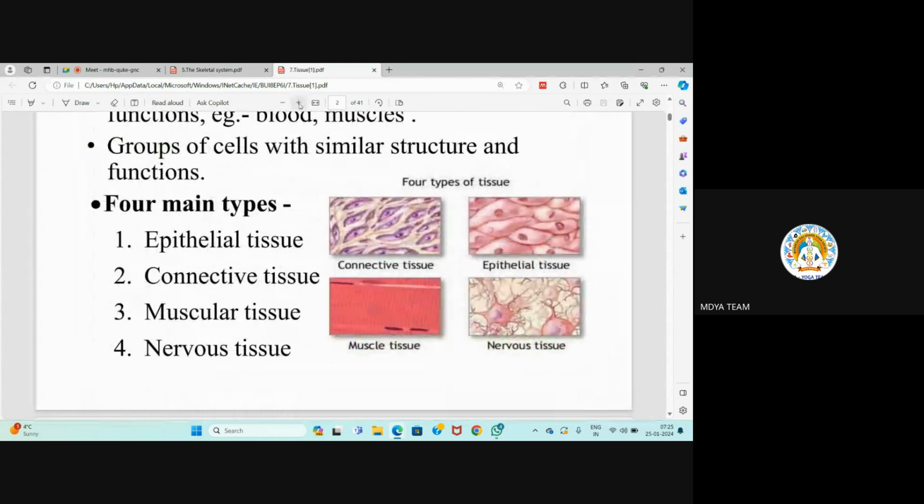In this picture, this one is depicting epithelial tissue. This is depicting connective tissue. See, the structure is changing. This is muscular tissue and this is nervous tissue.